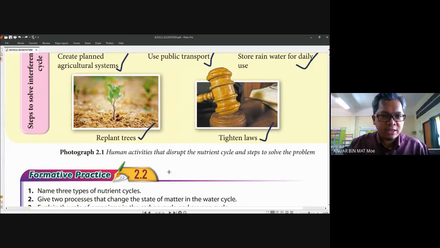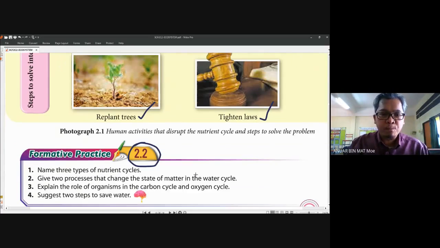So how many formative practices today? 2.1 and 2.2. Okay, yes, Liao Yingtong, you have two formative practices.